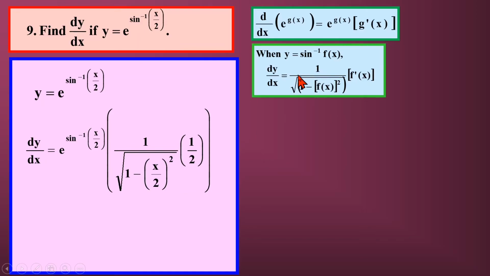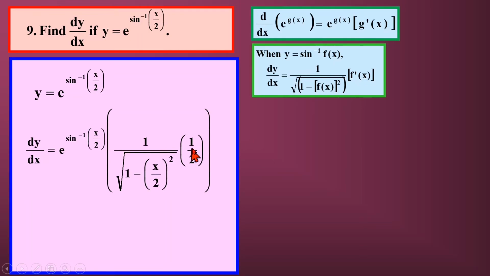So I have 1 over square root, 1 minus function. The function here is x over 2. So I have x over 2 squared multiplied by the differentiation of the inverse trigo. The function inside the inverse trigo is x over 2.